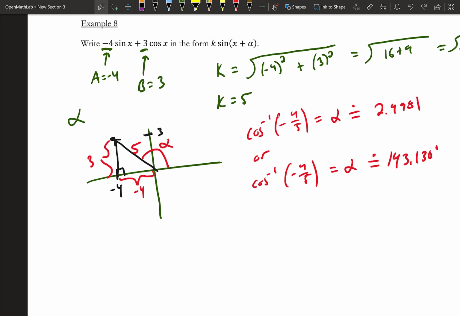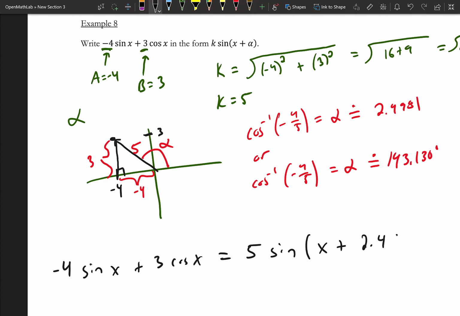Now to fill in our statement here. -4 sine x plus 3 cosine x is equal to, reading it from our formula, our k value, which is 5, times sine of x plus alpha, which, if you want it in radians, is 2.4981.